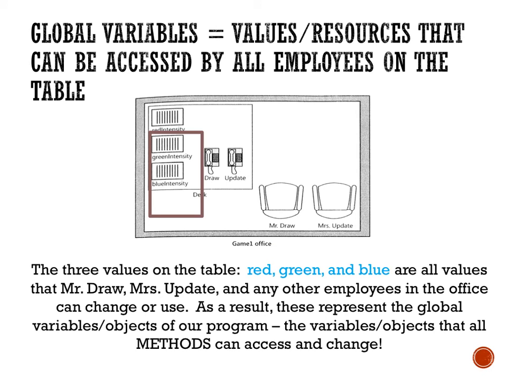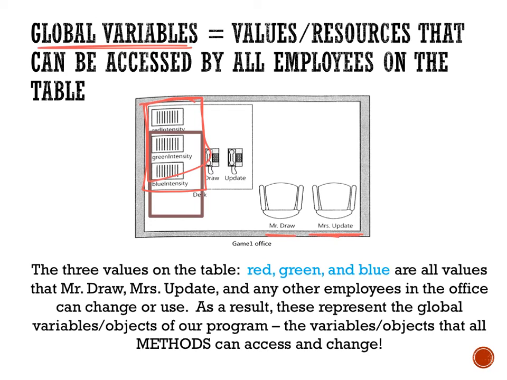All right, so the last thing I want to talk about are those values you see on the table, and you can see my picture got moved a little bit, but I'll just reuse my pen to highlight those. So we're looking at the red intensity, green intensity, and blue intensity. And these values on the table are your global variables. So these are things in the class that can be accessed by all methods. So keep in mind that red, green, and blue can be accessed by both Mr. Draw and Mrs. Update.